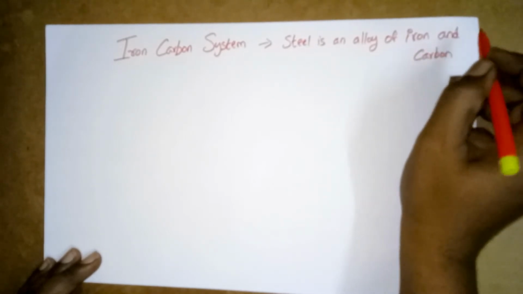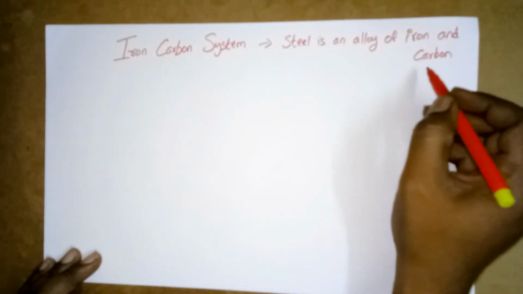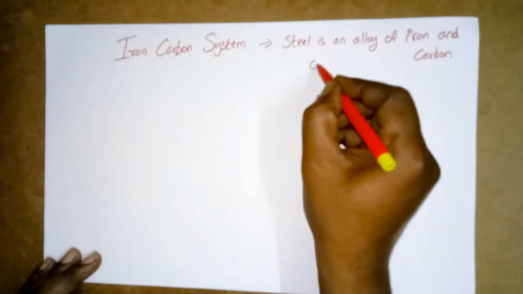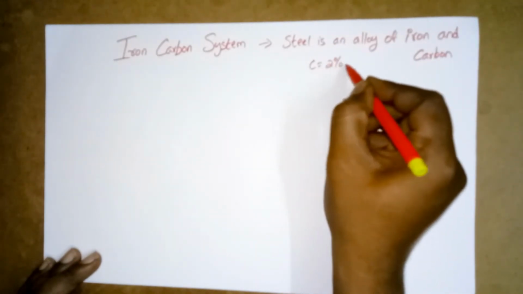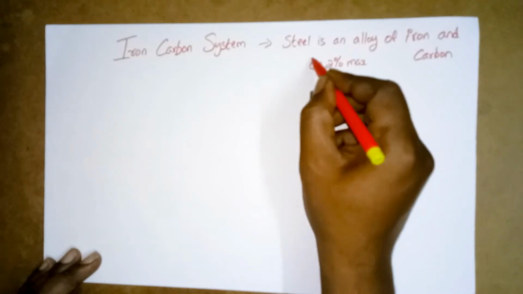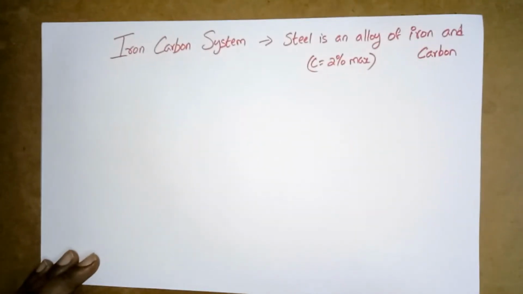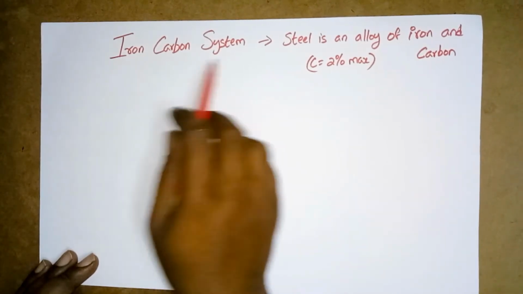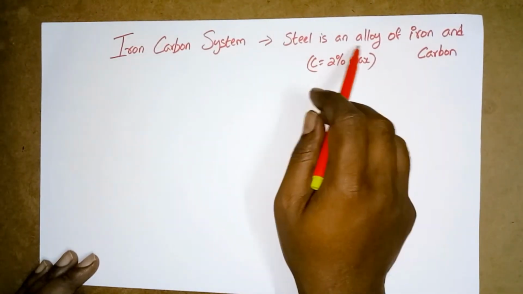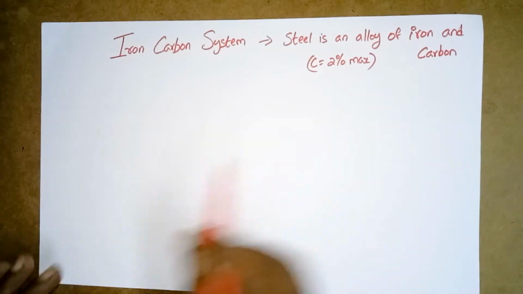The carbon percentage is how much? It is 2% maximum. Like that we have to write: in the iron carbon system, steel is an alloy of iron and carbon.